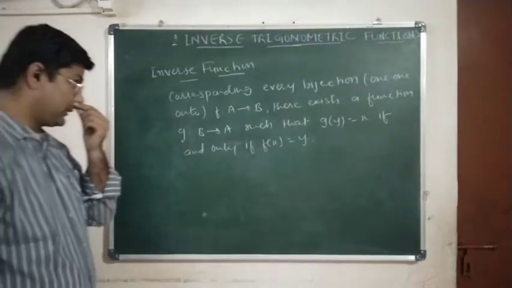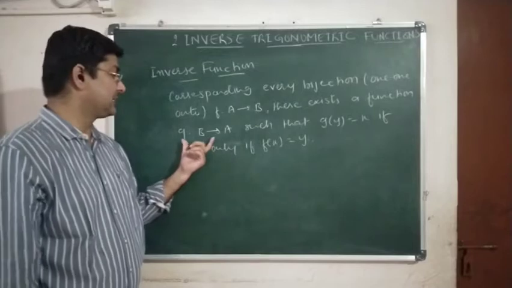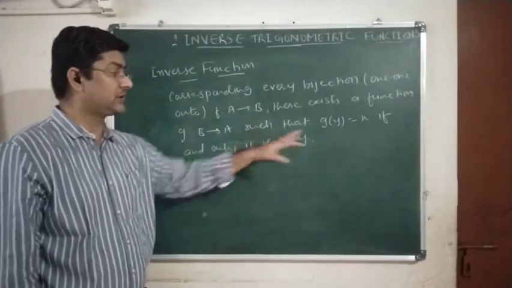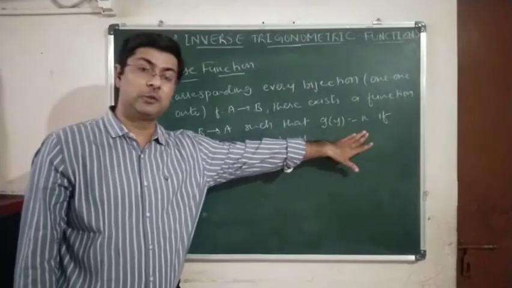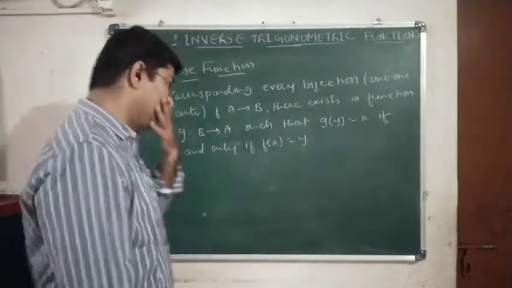Corresponding to every bijection f from A to B, there exists a function g from B to A such that g of y will be equal to x, provided that f of x is equal to y.